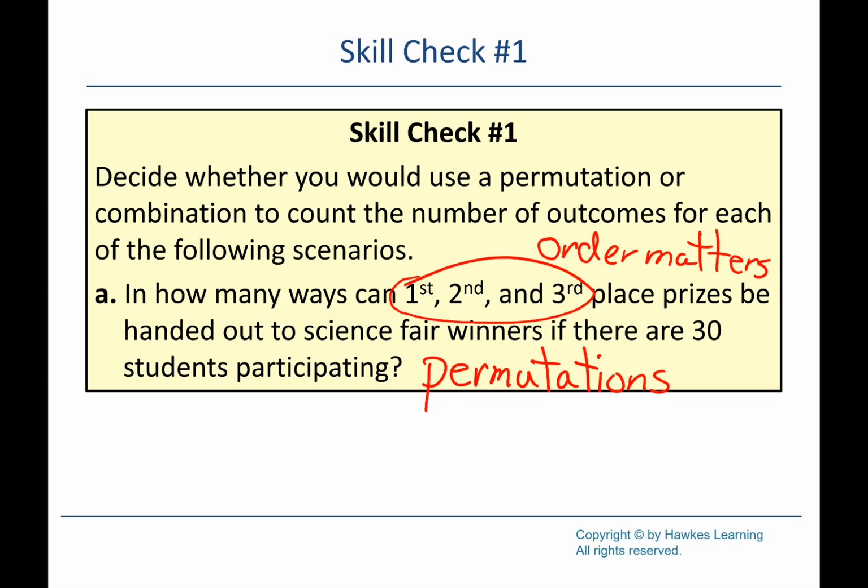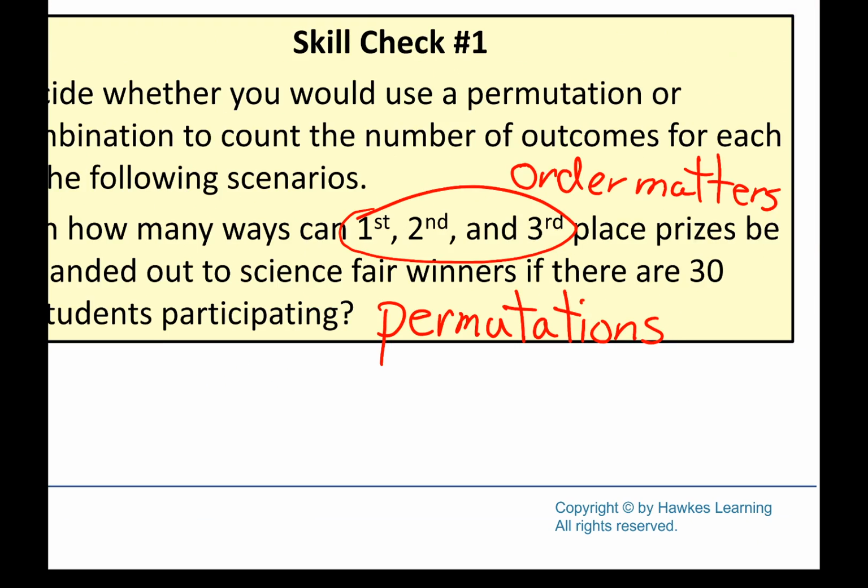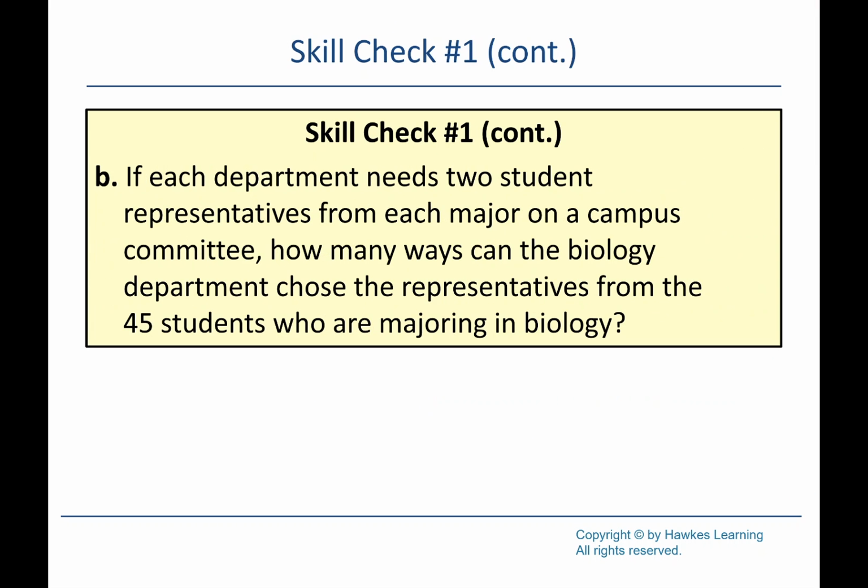Let's look at our second one. All right, this one says if each department needs 2 student representatives from each major on a campus committee, how many ways can the biology department choose the representatives from the 45 students who are majoring in biology? So they're going to pick 2 students out of 45. Does it matter which order they choose them? No, it doesn't make a difference, right?